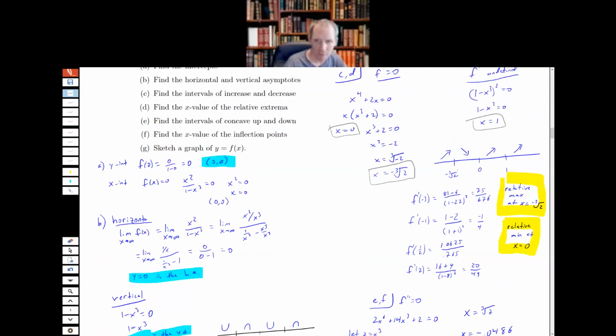So we had these critical points. The negative cube root of 2 is negative 1.26.